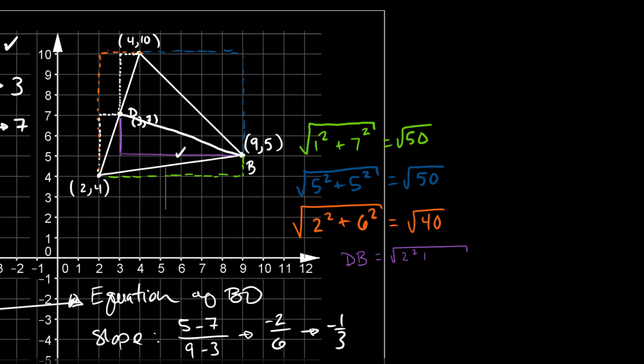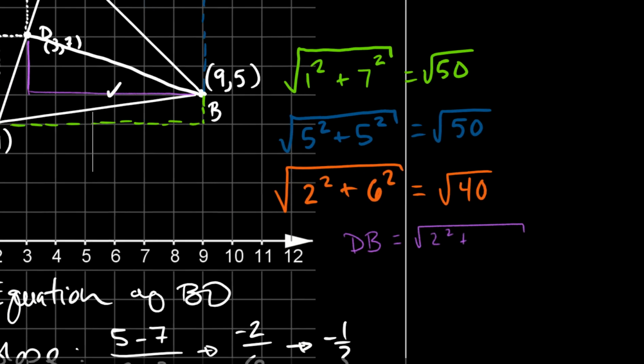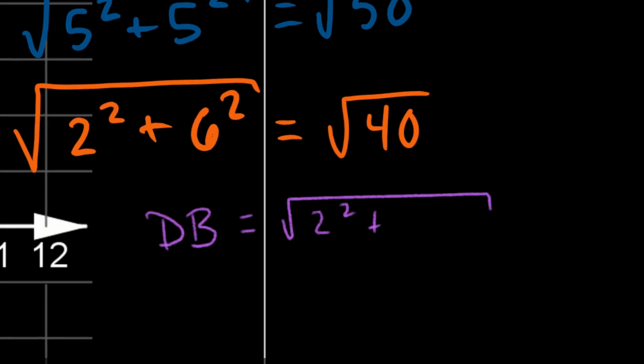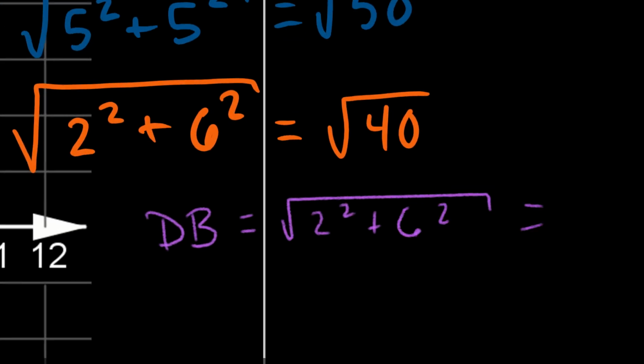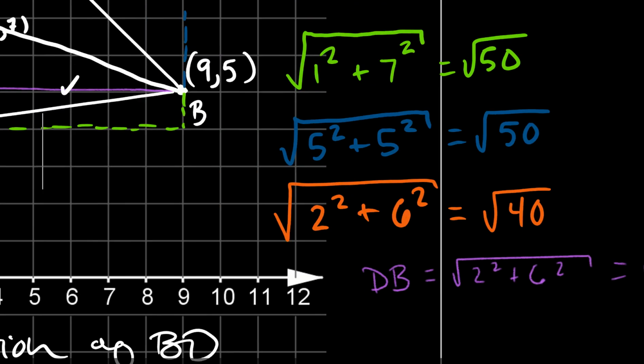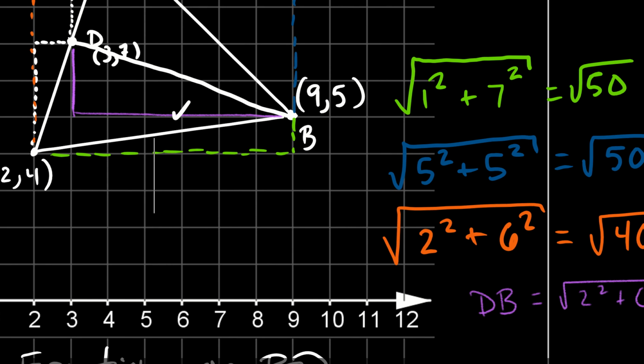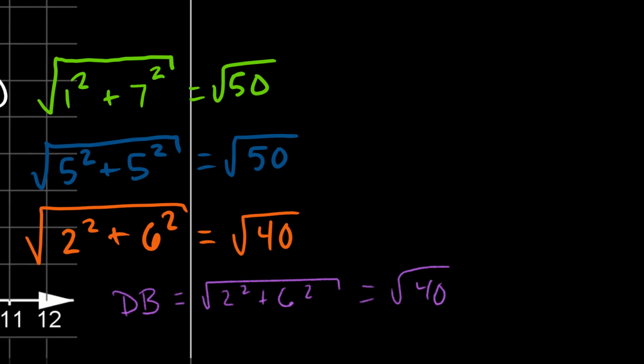the length of DB, that's that line segment that I added. If you look really closely, this little piece is 2 squared, and that other piece was 6 squared. So you can see this purple triangle here is 2 squared by 6 squared, so that has a length of root 40.